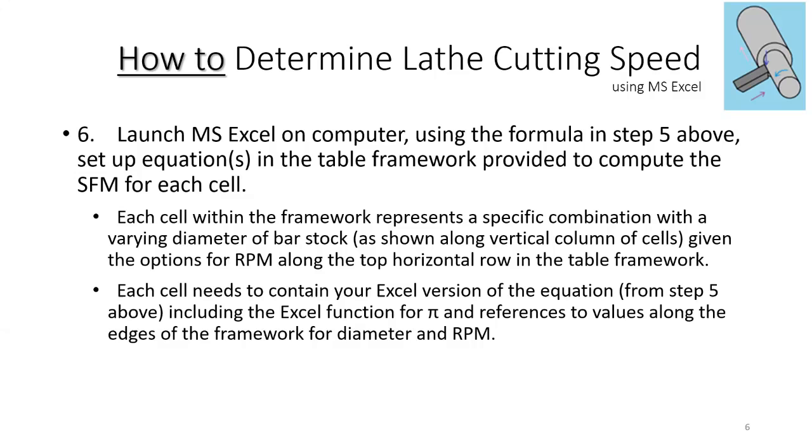So as the diameter decreases, we'll be able to see how the surface feet per minute decrease, and we will plot that for varying RPMs of the spindle, see how all those compare to the target maximum 1,800 surface feet per minute upper limit.